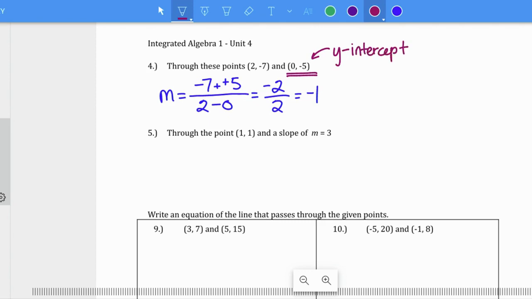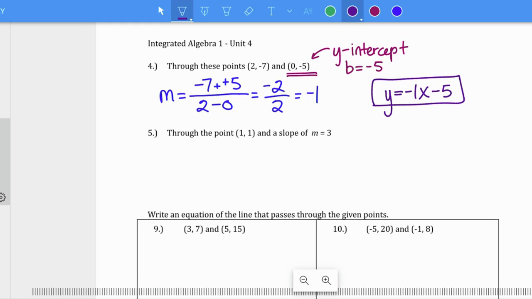Sometimes hard to recognize when we're in the midst of things, but this means that our b value is -5. And now I have m and b again. I can just write it into the equation. y equals the slope times x, and my b is -5. I have my equation.